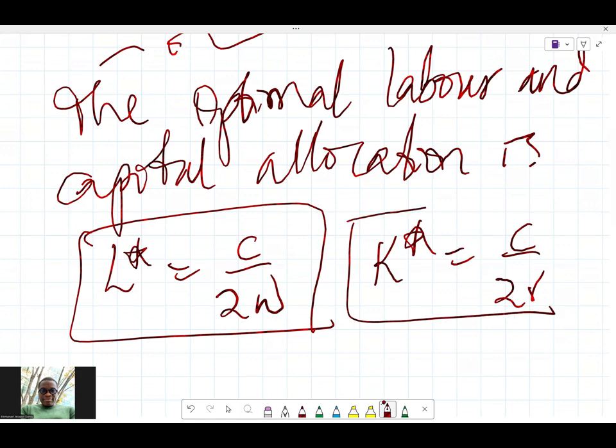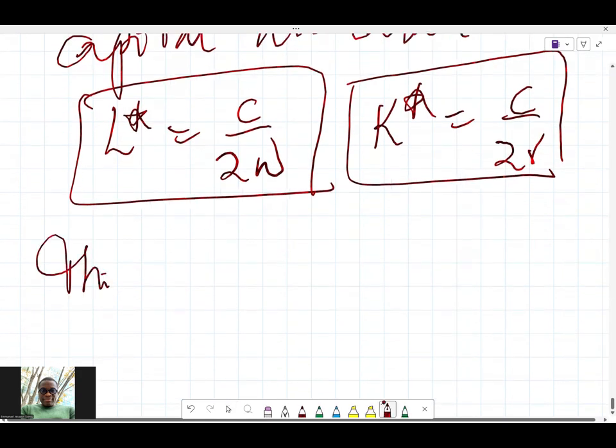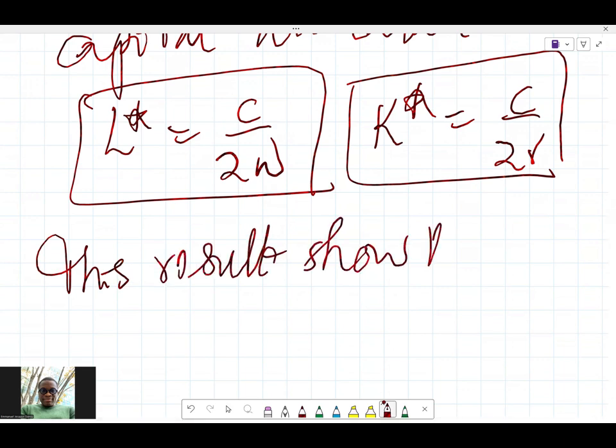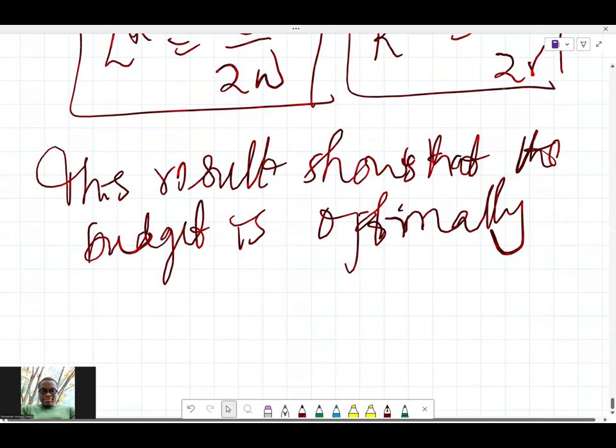That's 0.5 C over R. Okay, so this result shows that the budget is optimally split.